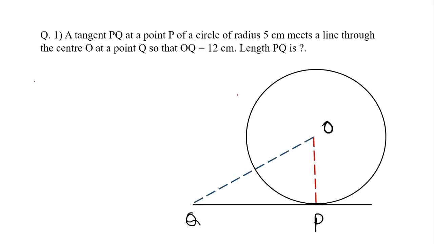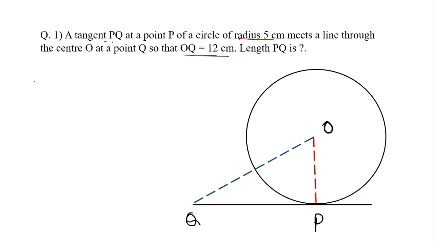Now let's attempt the first question on the basis of the previous theorem. A tangent PQ at a point P of a circle of radius 5 cm meets a line through the center O at a point Q, so that OQ equals 12 cm. The length of PQ is? We are given the radius of the circle, that is 5 cm, and OQ is given, that is 12 cm.